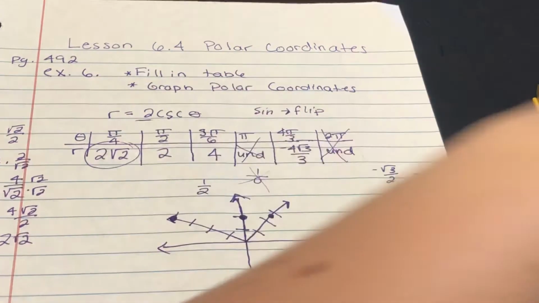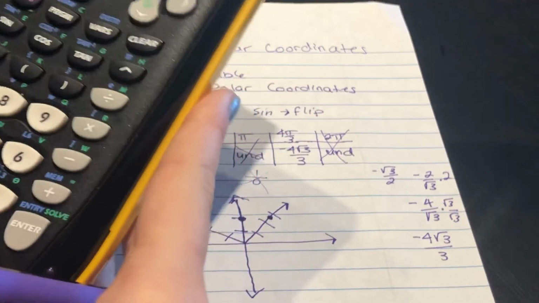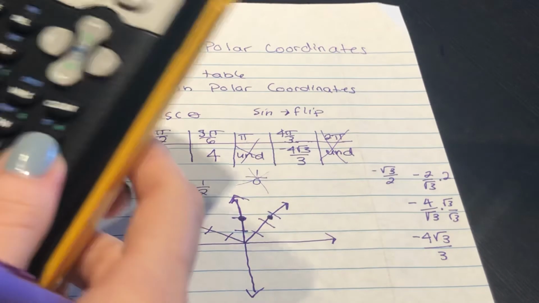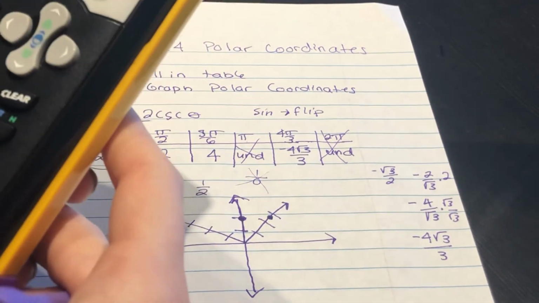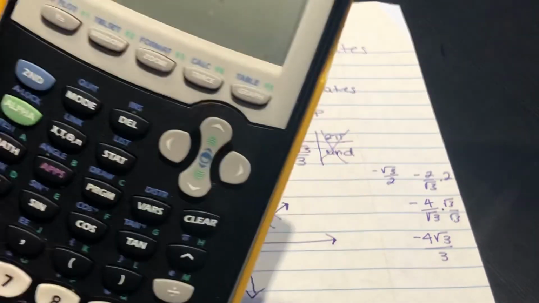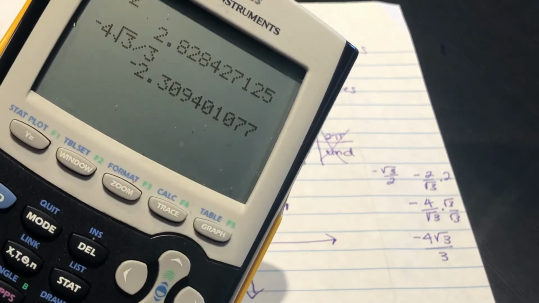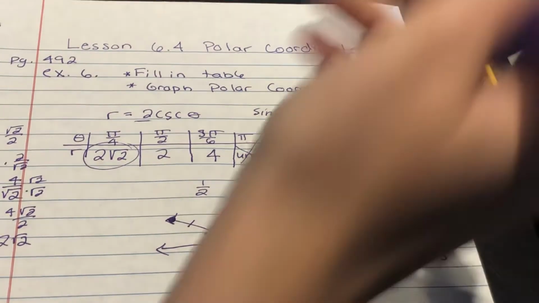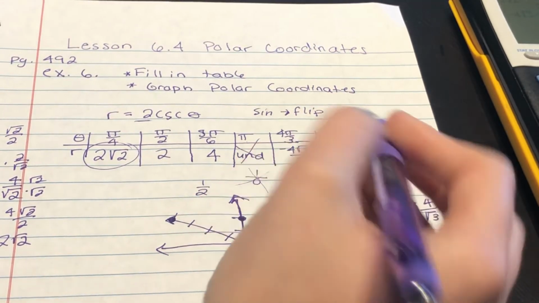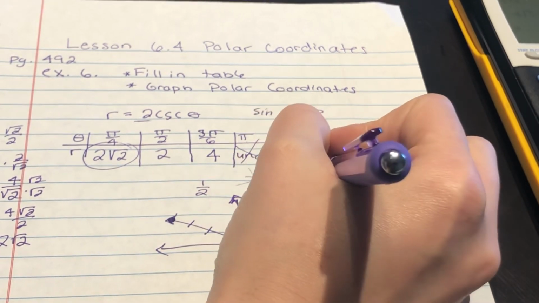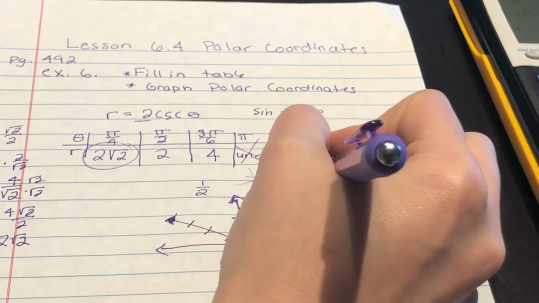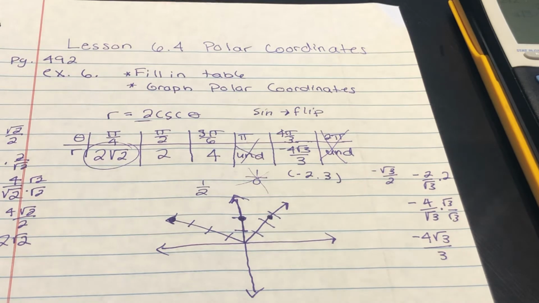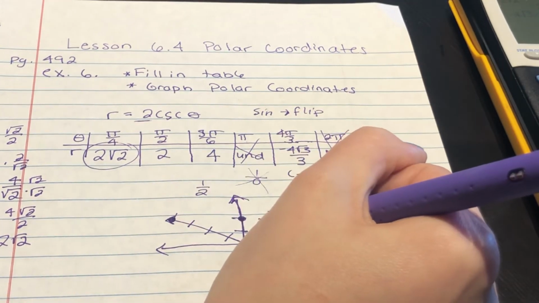Negative 4 root 3 over 3, if you just want to check what that is real quick, it's about negative 2.3. Okay, so 4 pi over 3 is down here.